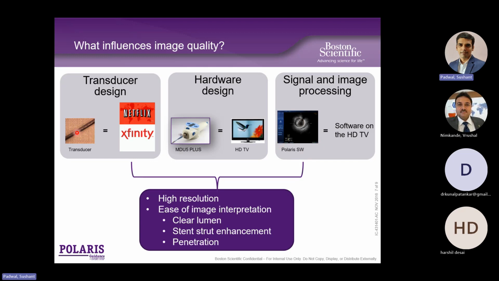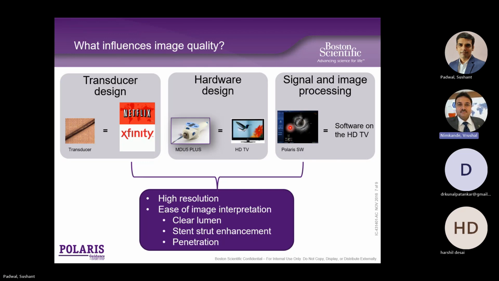The transducer captures the image, MDU5 is the medium to take it to the acquisition PC, and the acquisition PC then provides it to the imaging PC to display it directly on the screen.